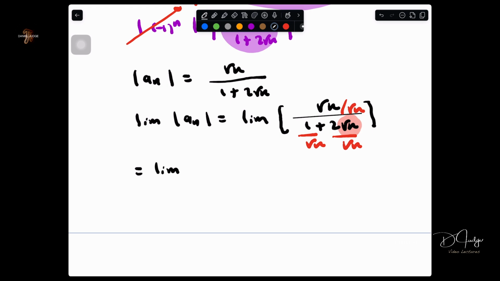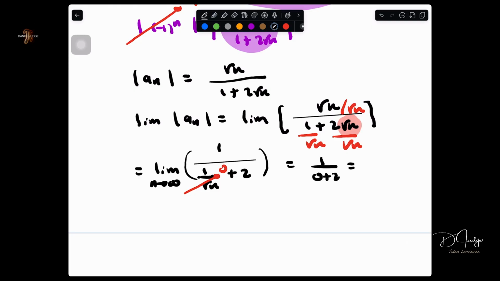So you get the limit now of 1 over 1 over square root of n plus 2. As n goes to infinity, this will go to 0, which means your limit actually goes to 1 over 0 plus 2, which is 1/2.